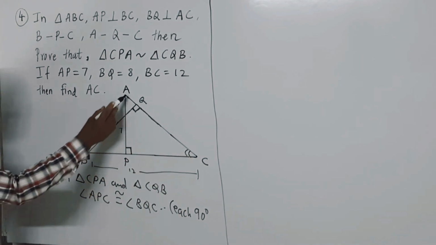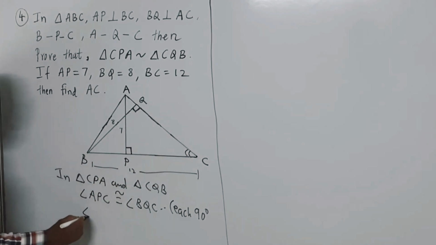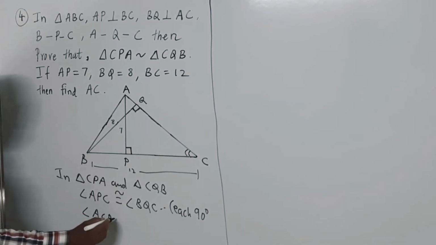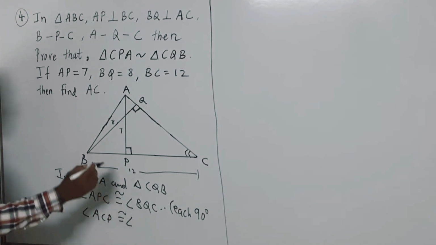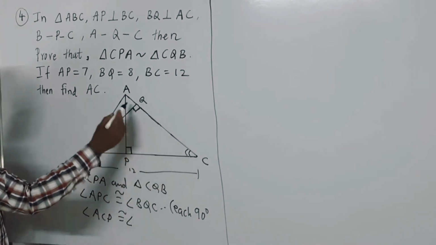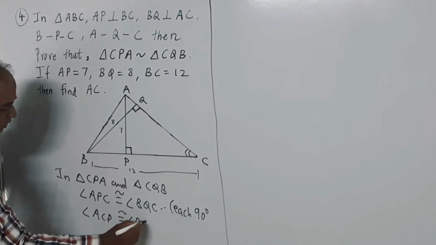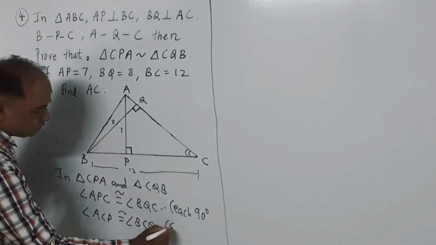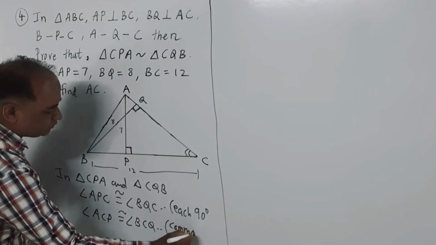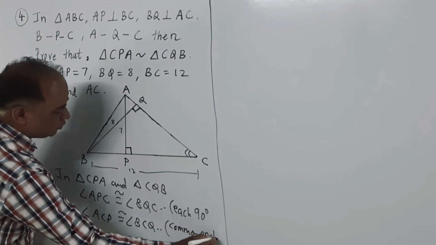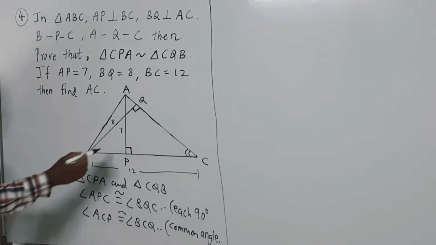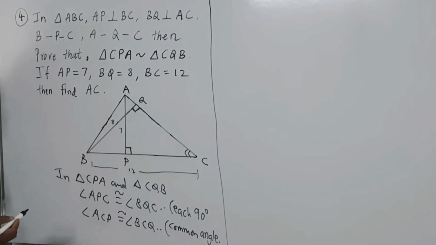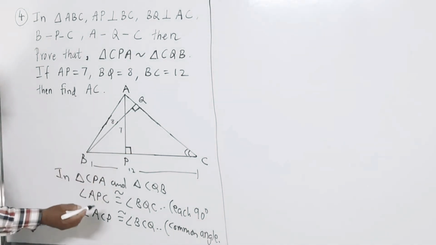Also, this angle C, that is angle ACP, is congruent to angle BCQ, which is a common angle in both the triangles. Hence, two angles of one triangle are congruent to the corresponding two angles of another triangle.